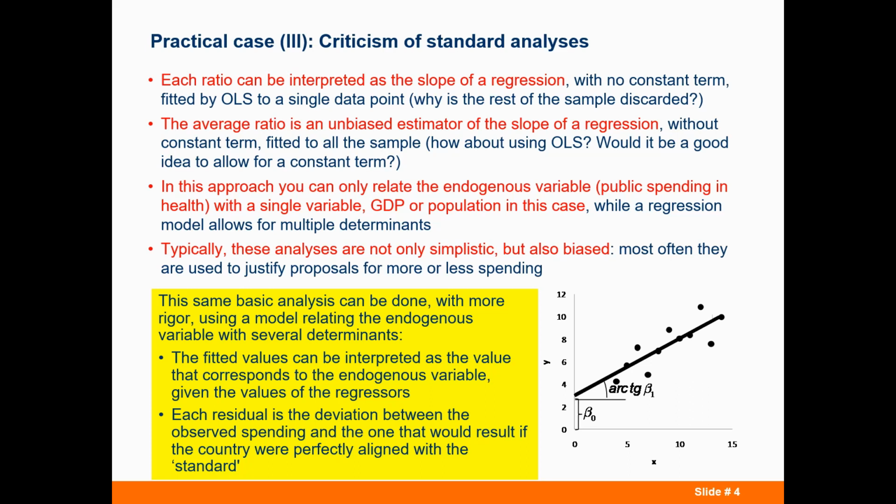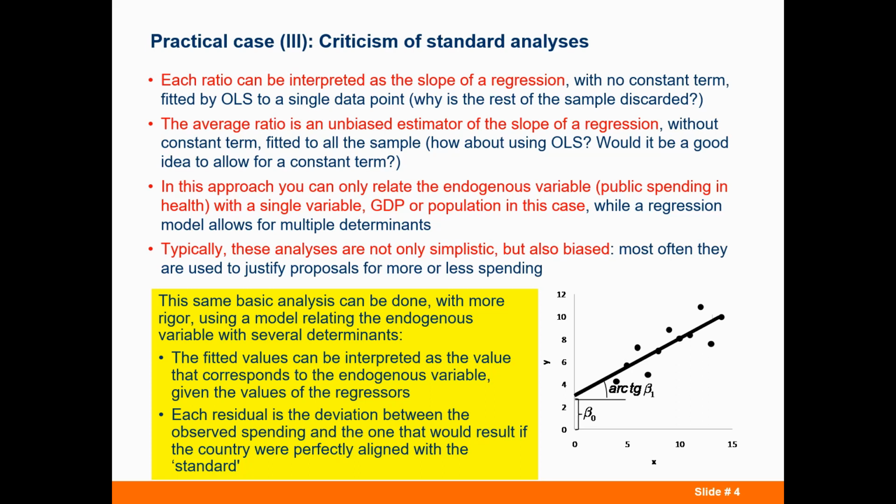In this approach, you can only relate the endogenous variable, public expenditure or whichever, with a single variable, GDP, population, or any other. On the other hand, if you fit a regression model to all the variables in your sample, you could consider as many determinants as you want.